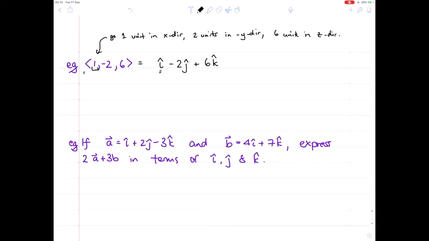So we've gone from writing things in component form like so, to over here writing as a sum of vectors going in different directions, but it comes to exactly the same thing.